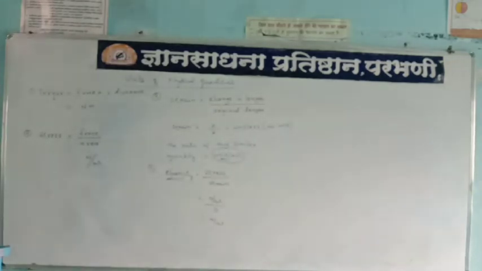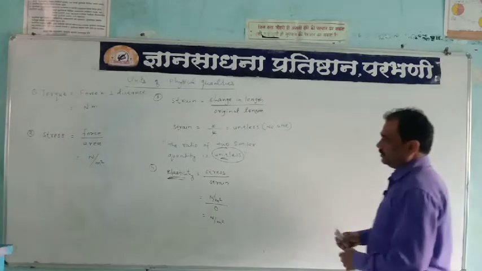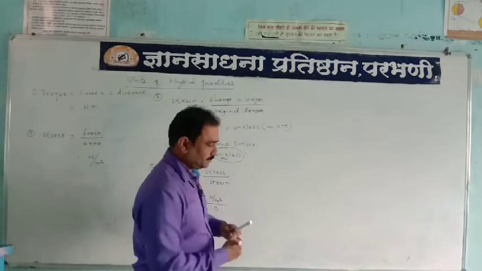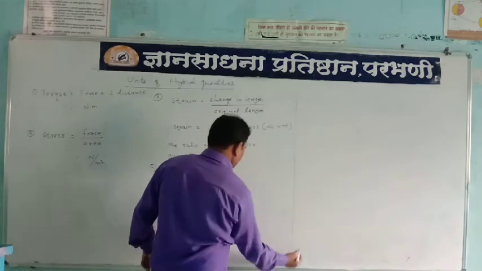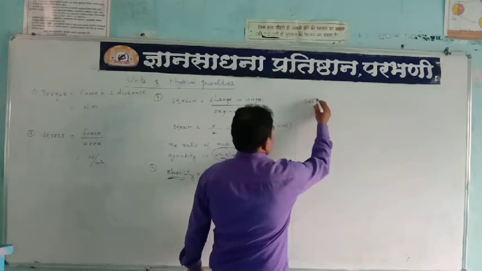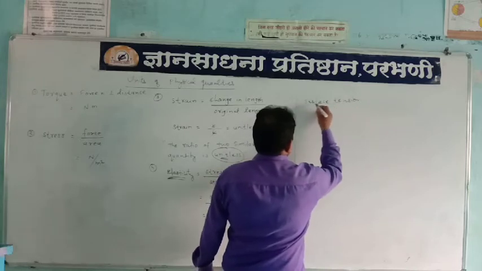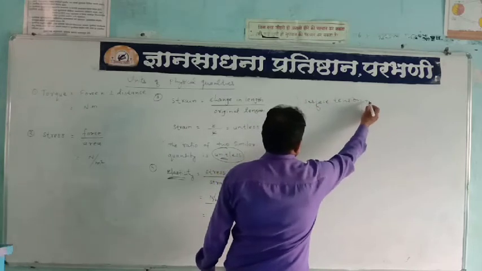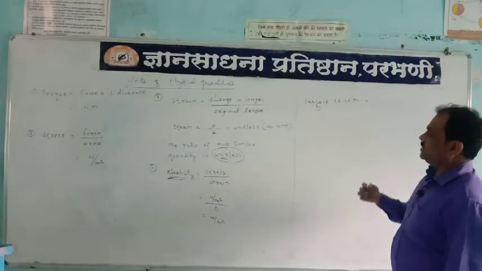Again some physical quantities are there. That is surface tension. So this one is the physical quantity. It has a formula. Which formula does it have?